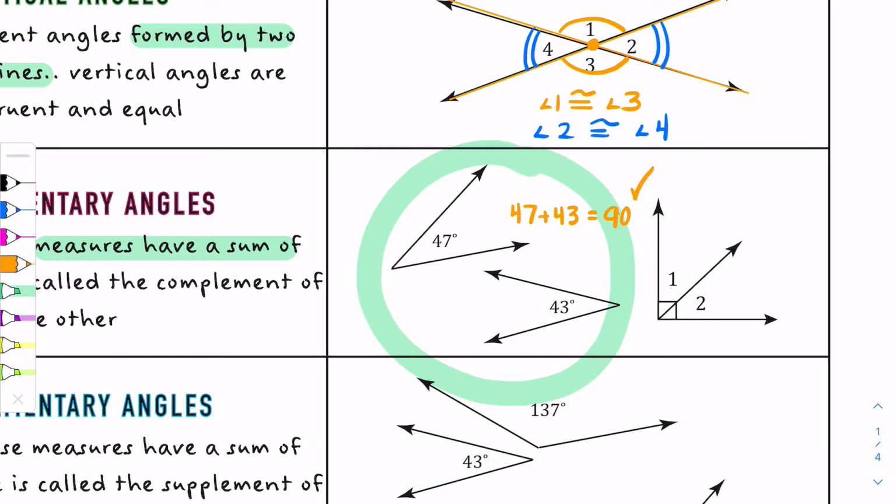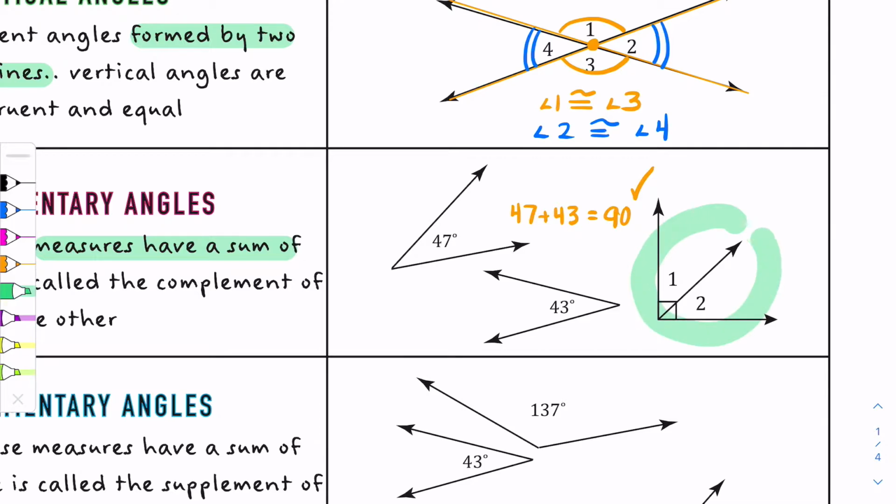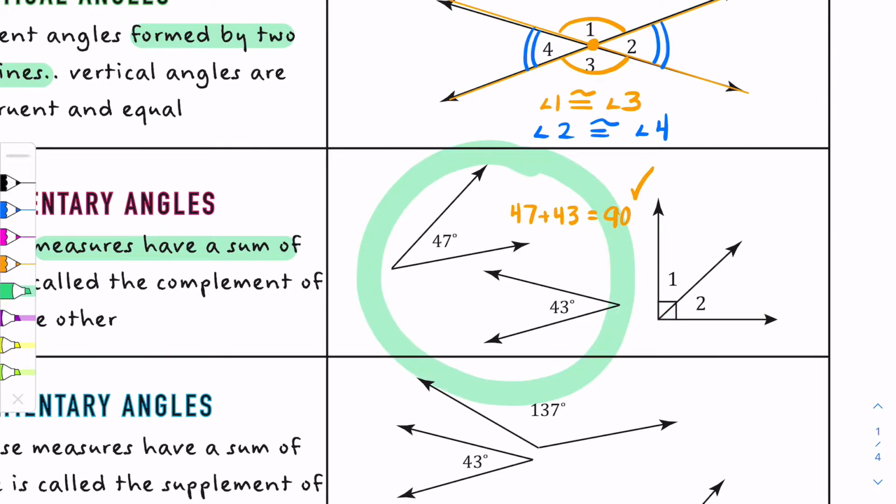But also, these angles here are complementary. These are both complementary and adjacent. They are adjacent because they share a common side. Of course, complementary angles do not have to be adjacent, but they can be.